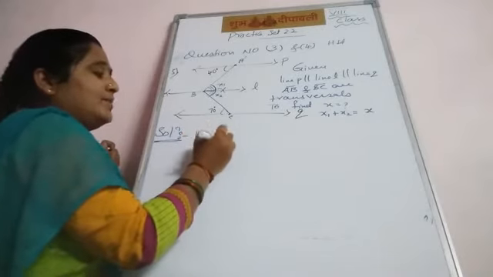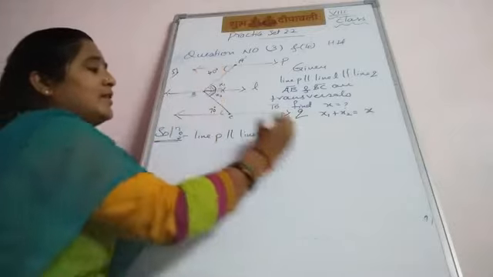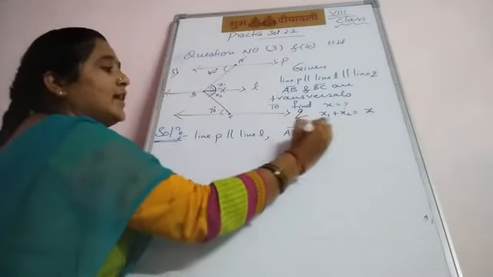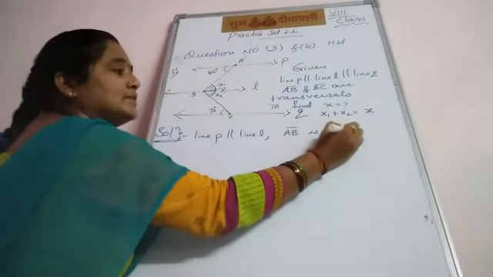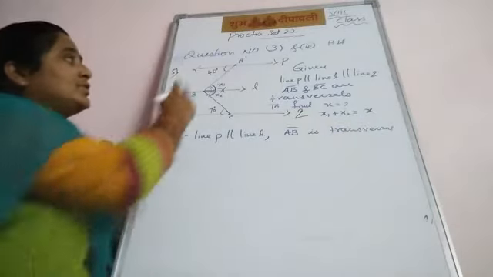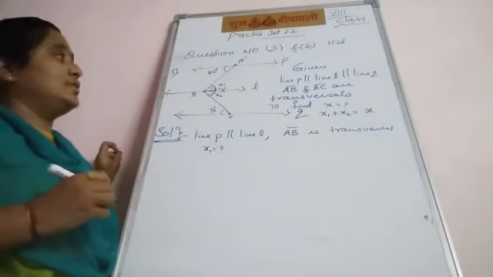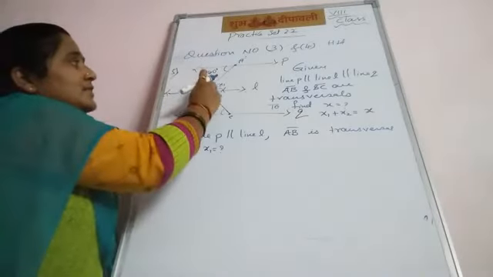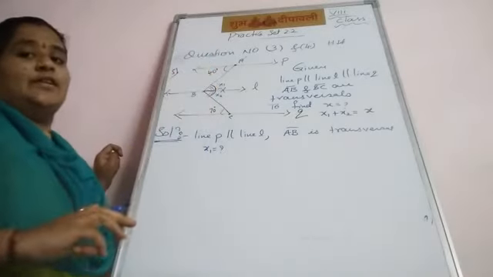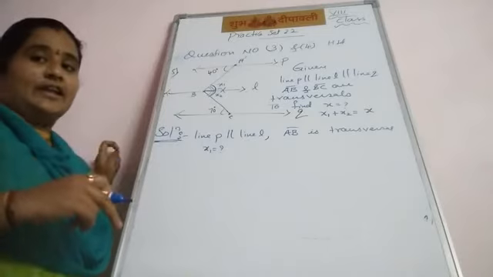First, line P is parallel to line L. Here, segment AB is the transversal. If you take segment AB as a transversal, what will we get? We will get the value of x1. x1 equals question mark. If you see x1 and 40 degrees, they are alternate interior angles.